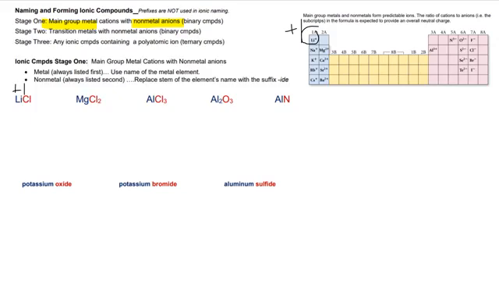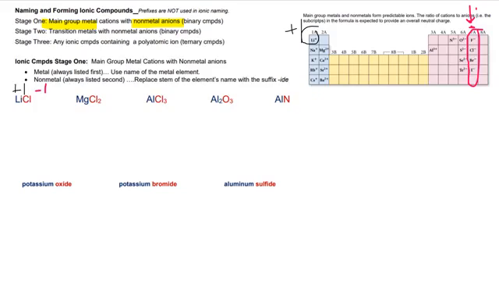And then Cl is chlorine. So we need to look at chlorine, and over here in group 7A, everybody in this family, the halogens, has a -1 charge. So we need to know that. So chlorine is -1.